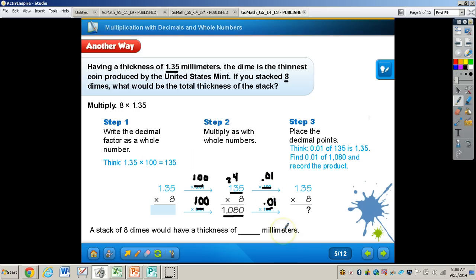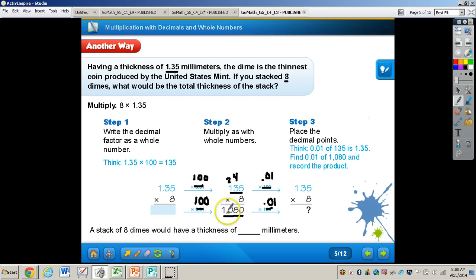for the answer. Now, as we decrease by powers of 10, however many powers of 10 we decrease by, that's how many places to the left you move your decimal. Okay, so you can see we've decreased by 2 powers of 10 here. So that means we need to move our decimal 2 places to the left.